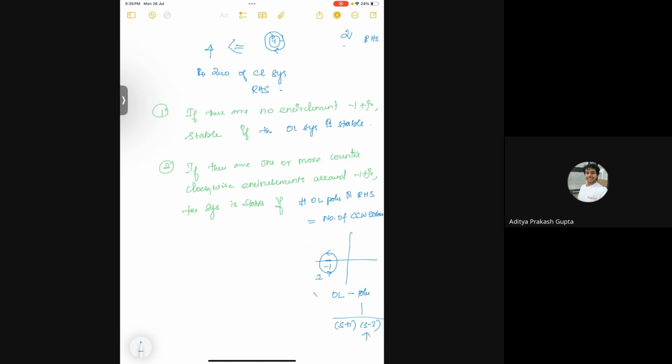If this is the same, then you can say the system is stable. For example, if there is another pole in the right of the S plane, two poles of the open loop system in the right of the S plane, but only one counterclockwise encirclement happens, then the system is unstable.